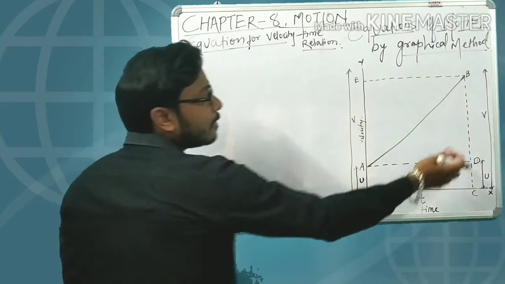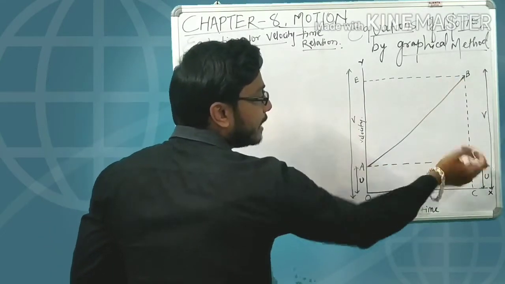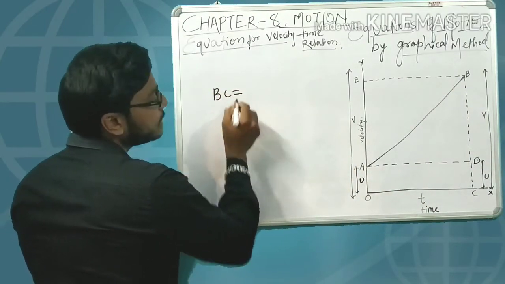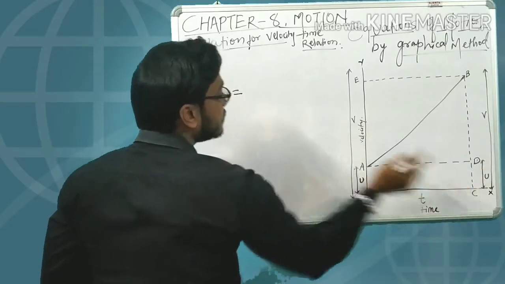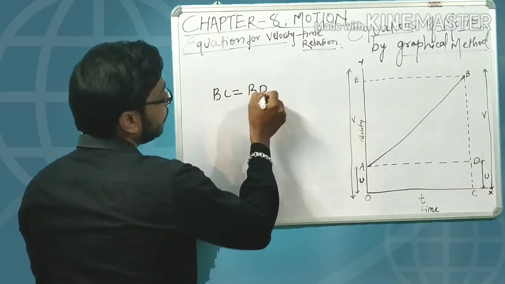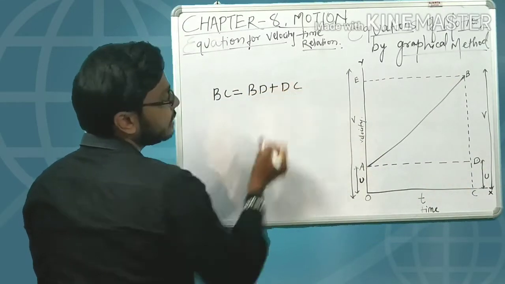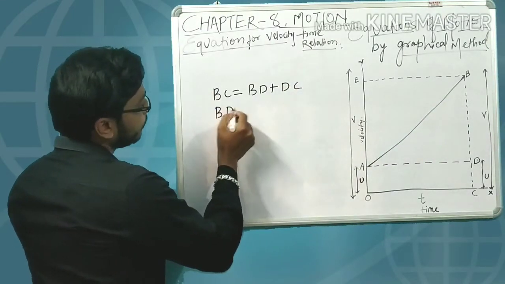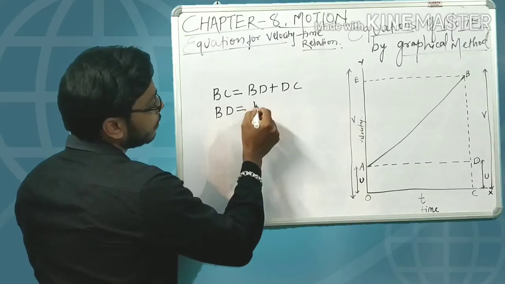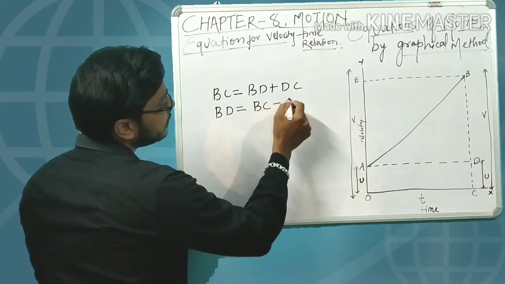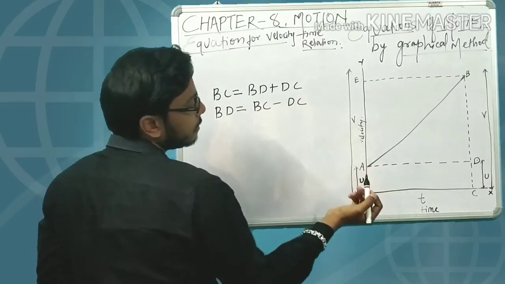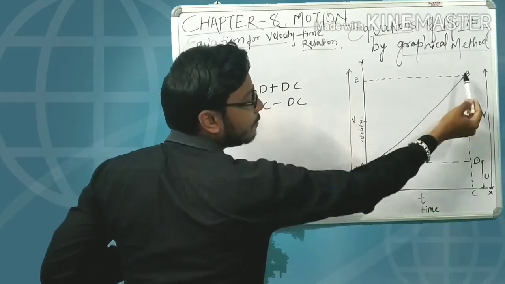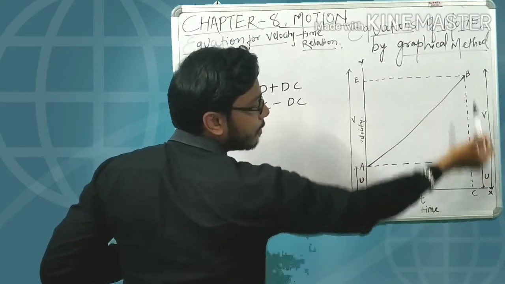So for getting the value of BD, we can write BC is equal to BD plus DC, and for getting the value of BD, we can write BC minus DC. Correct? If we want the value of BD, we have to subtract DC from BC.